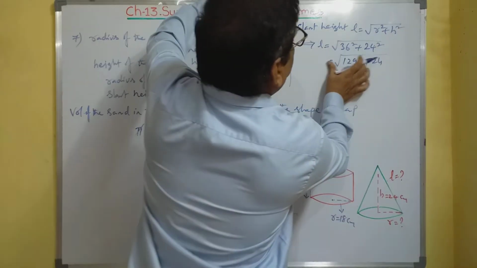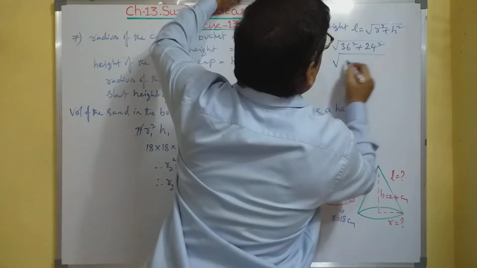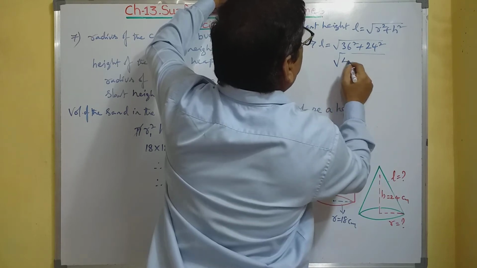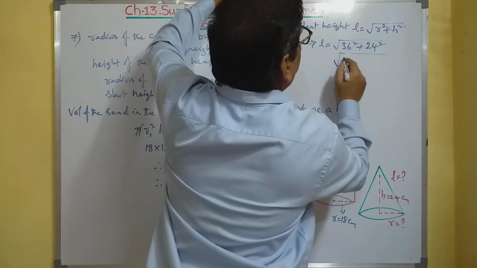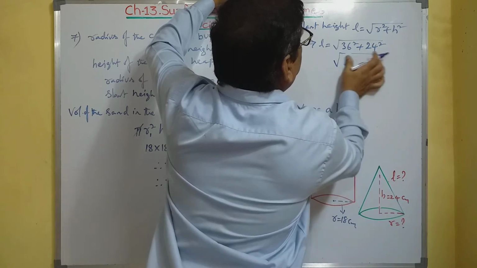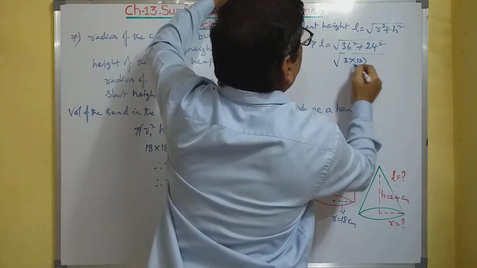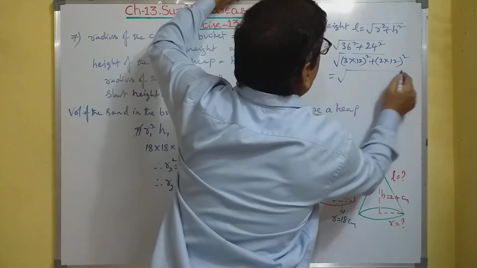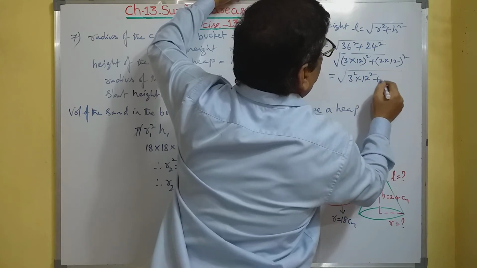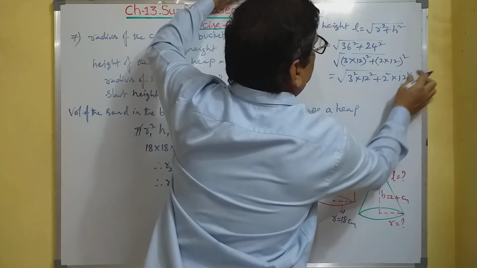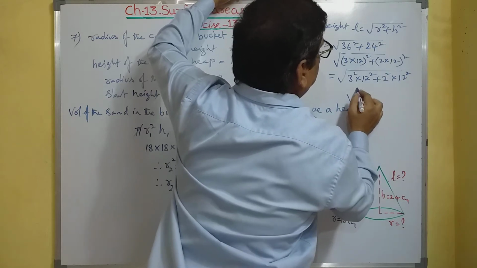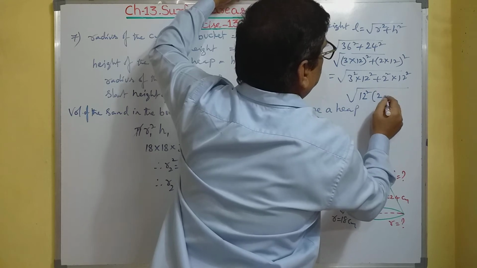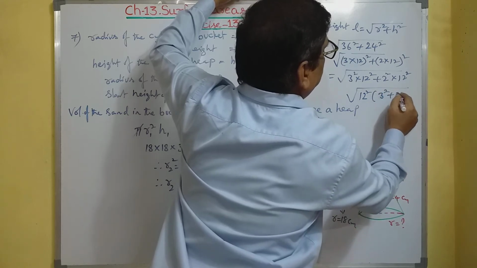Let us simplify in another way. So 36 can be written as 3 into 12, and 24 as 2 into 12. So L is equal to square root of 3 into 12 whole square plus 2 into 12 whole square. So this can be written as 3 square into 12 square plus 2 square into 12 square. Now let us take 12 square common. 3 square plus 2 square will be there in the brackets.